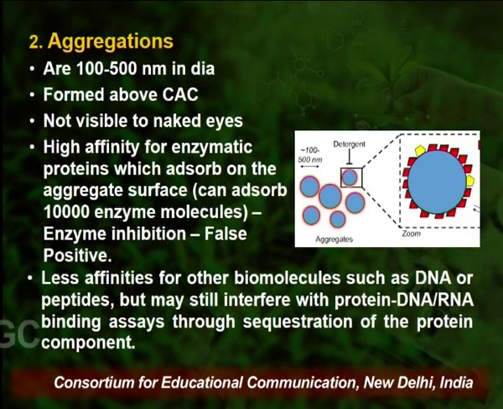And since these are in the nanometer range, they are not visible to the naked eye, and such aggregates have a higher affinity for enzymatic proteins. They bind to enzymatic proteins, thereby giving an impression that the enzyme has been inhibited, and thus they are liable for a false positive test.